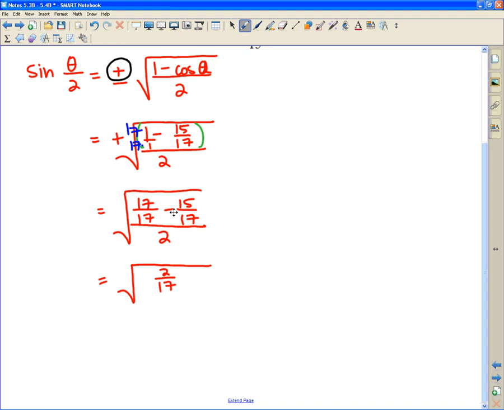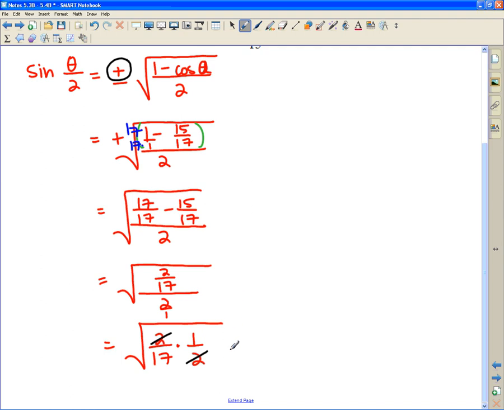I just subtracted those fractions that have a common denominator, all divided by 2. Keep going. Dividing by fractions: it's 2 divided by 17 times the reciprocal of 2 over 1, so times 1/2. Going to get rid of these 2's.